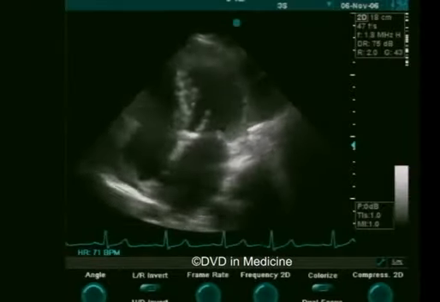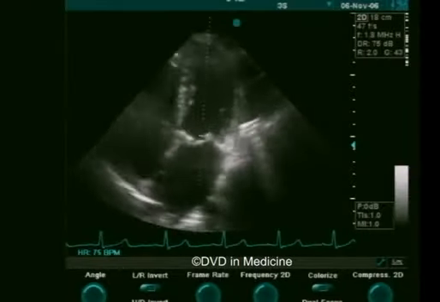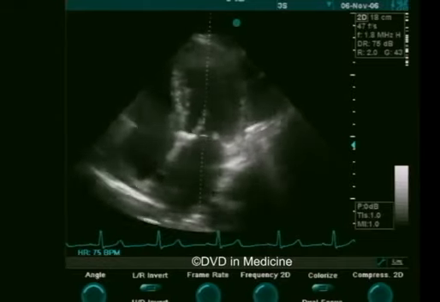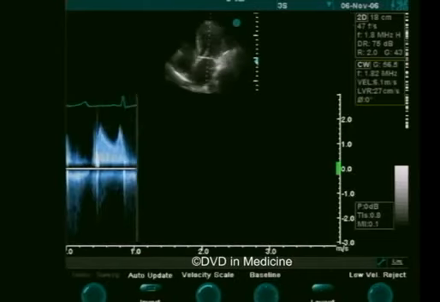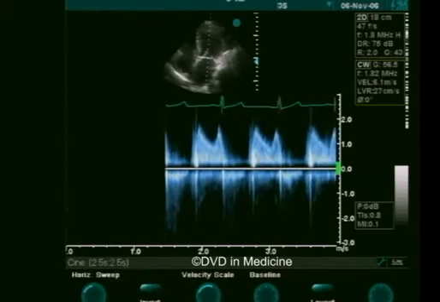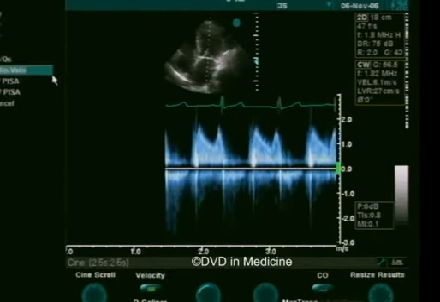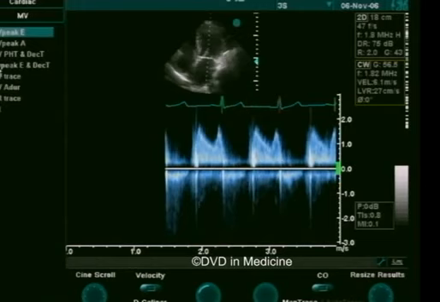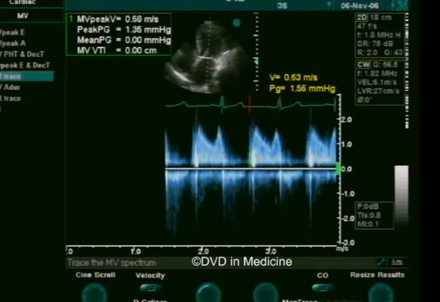If there is a mitral stenosis present, one should use continuous wave Doppler for quantitative calculations. This method will allow to measure the area of the mitral orifice and to determine the mean pressure gradient across the mitral valve.